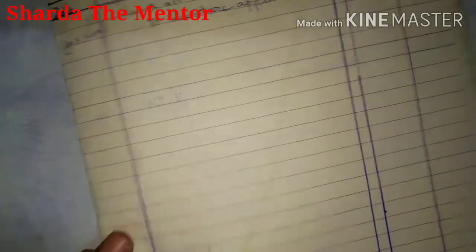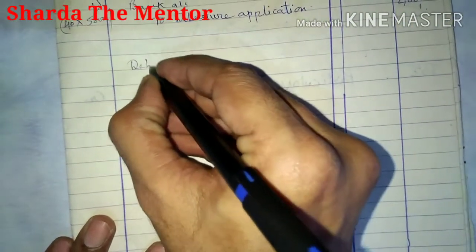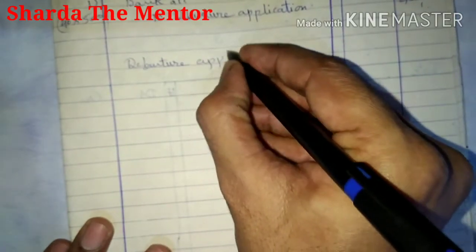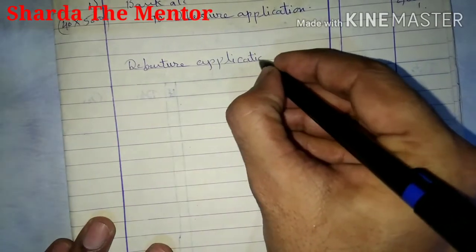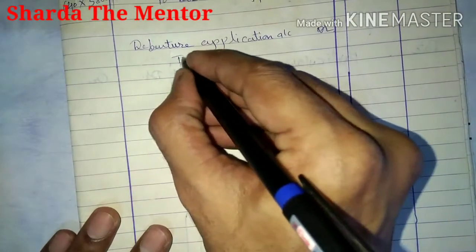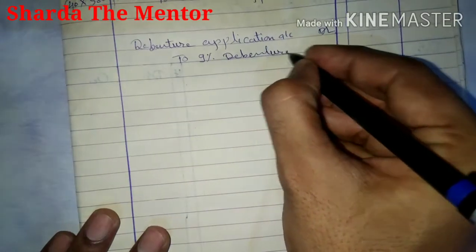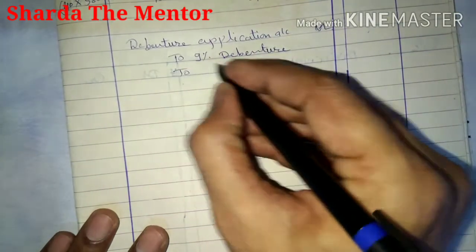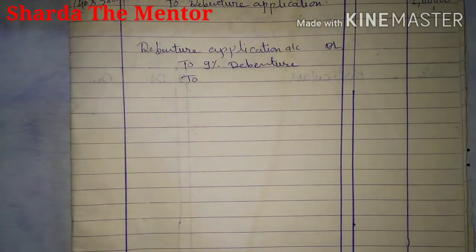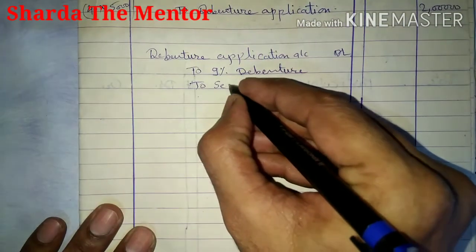So we will pass the entry: debenture application account debit to 9% debenture, and to, as I already cleared in the previous video, whenever premium is there, premium is always credited, so that is to securities premium.